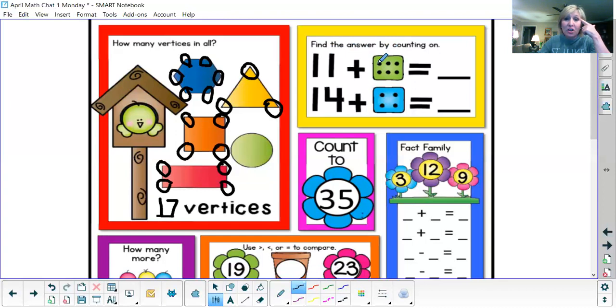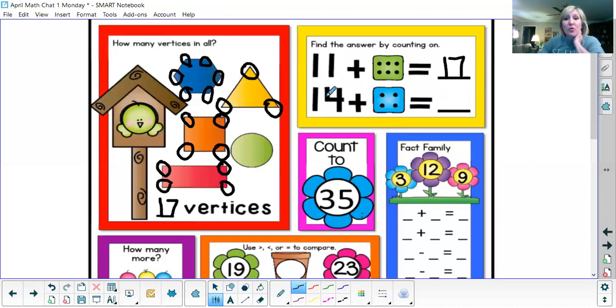Now I'm going to count on 12, 13, 14, 15, 16, 17. So 11 plus 6 more is 17. Hey, that's the same number of vertices we had over here. 11 and 6 joined together makes a whole of 17.